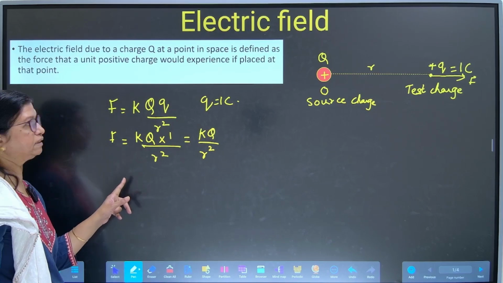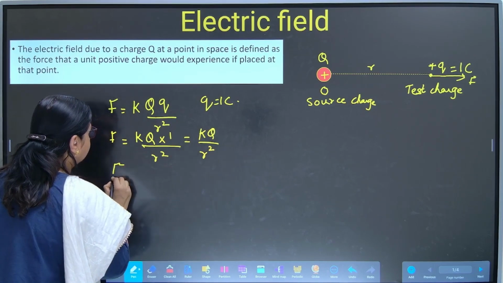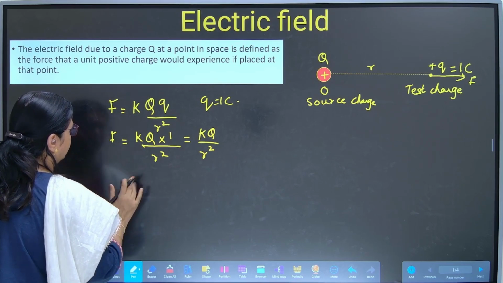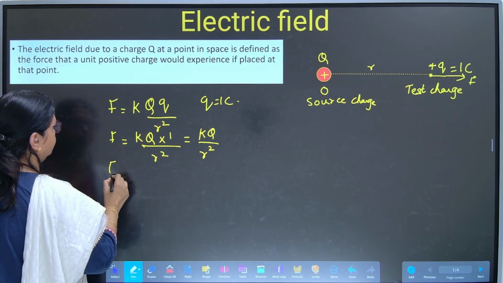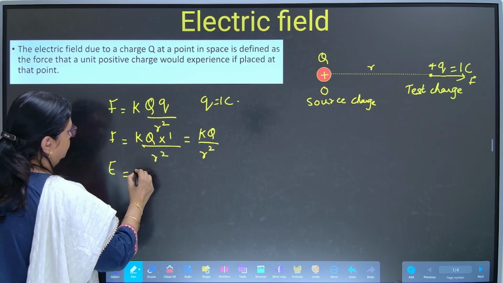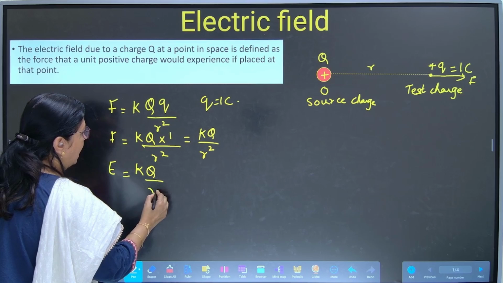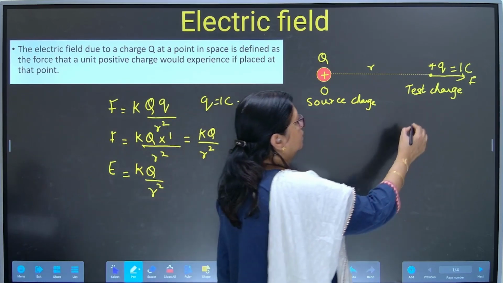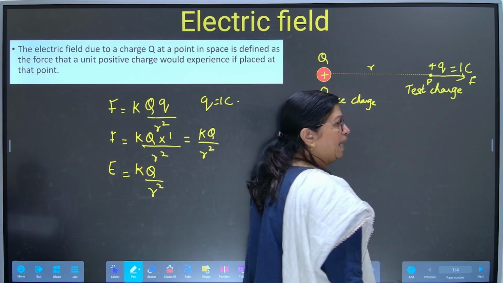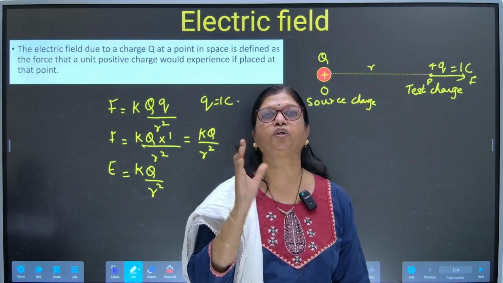This force is given as the electric field due to the charge Q at a point P marked at a distance R from Q.